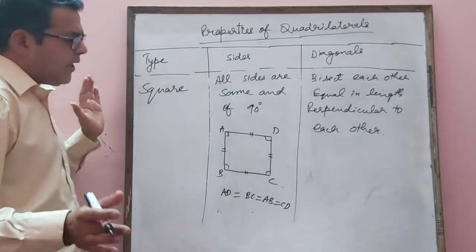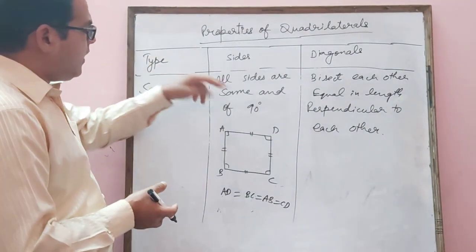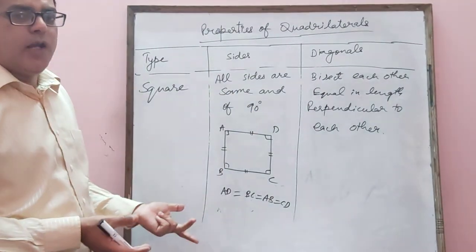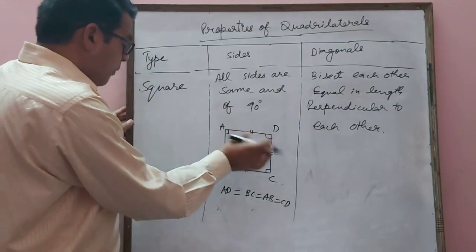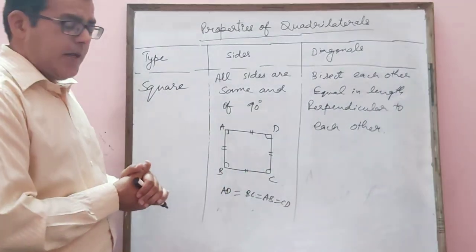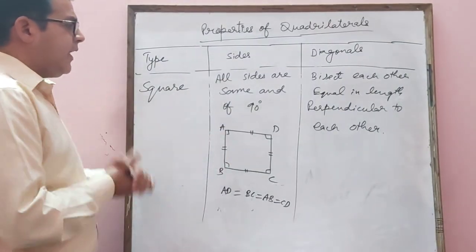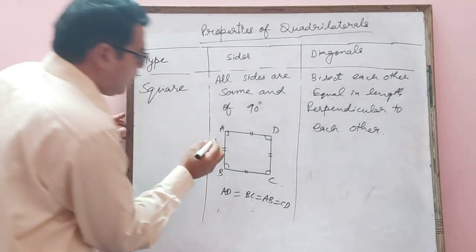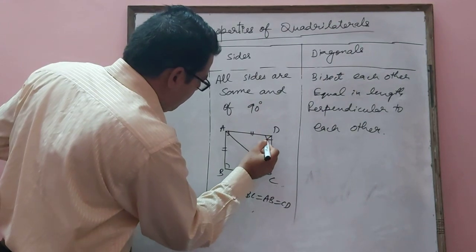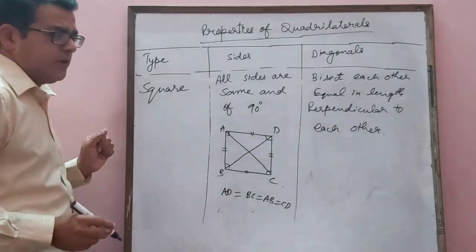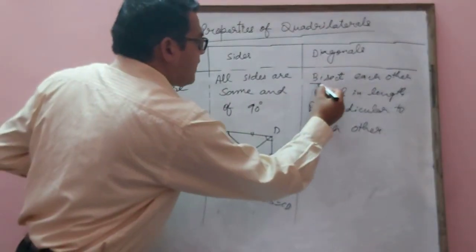We can say that all the sides are the same and opposite sides are parallel also. Since opposite sides are parallel, each angle is 90 degrees. Now, what about their diagonals? AC and BD, these two are diagonals. So, the first property is that they bisect each other.